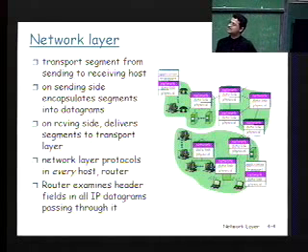So all nodes, whether they are end hosts or routers within the network, they all have to implement the network layer. So this seems to suggest that your end host, like a workstation, also implements this network layer functionality. Is that right?